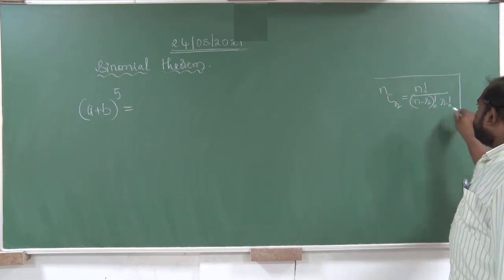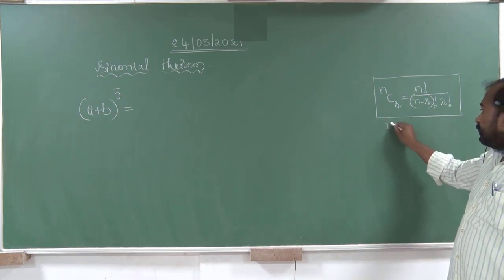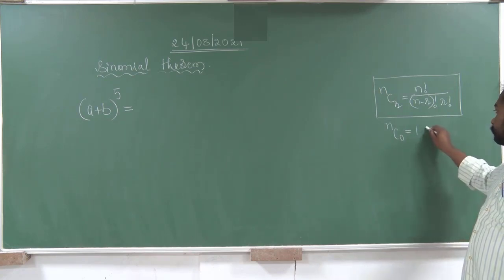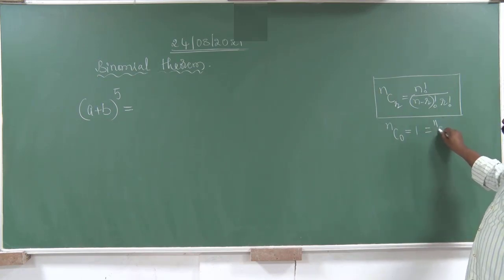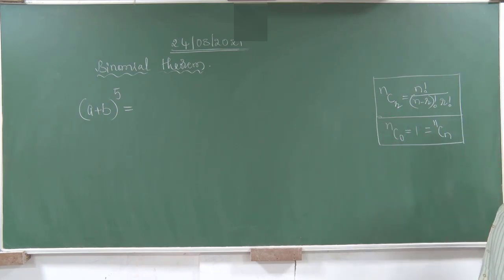With the help of this formula, we can identify coefficients. And here, what is the nC0 value? 1, as we just gave, which is equal to nCn also. The nC0 value and nCn value are 1.